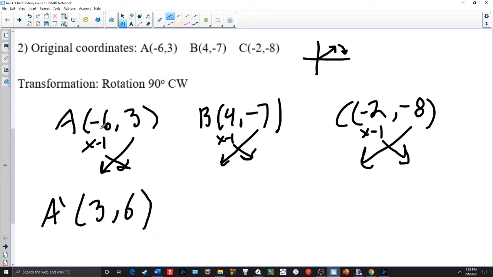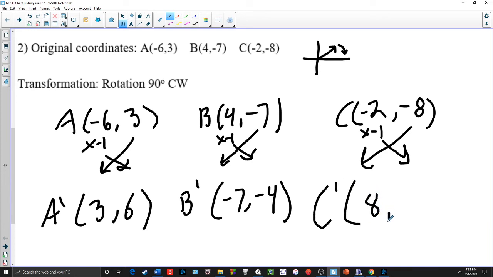Again, positive 6 because negative 6 times negative 1 is positive 6, and the 3 just comes across. Here B prime ends up being negative 7, negative 4. And then here C prime ends up being 8, 2. Again, negative 2 times negative 1 is positive 2. Bring the negative 8 across. Sorry, my bad. And then 4 times negative 1 is negative 4, and then bring the negative 7 across.